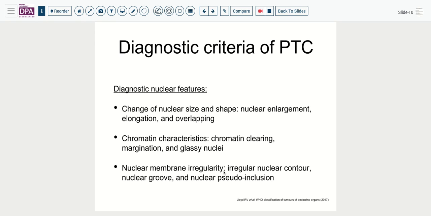abnormal features. The contour is irregular, it's bumpy, lumpy, and there may often be identifiable grooving of the nuclei, little linear streaks along portions of the nucleus that become evident, as well as nuclear pseudo-inclusions. Now, mind you, these abnormalities are subject to fixation, so you do not always see these on frozen sections, for example.